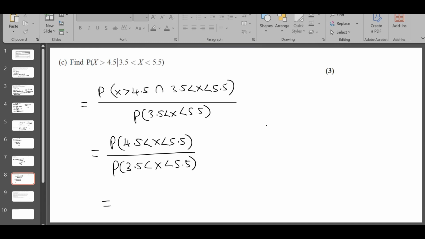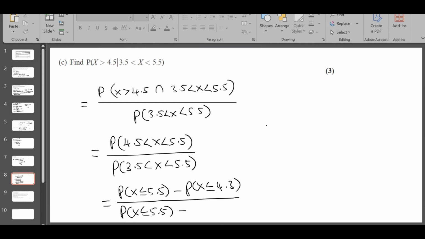You can split it as P of X less than or equal to 5.5 minus P of X less than or equal to 4.5, divided by P of X less than or equal to 5.5 minus P of X less than or equal to 3.5.